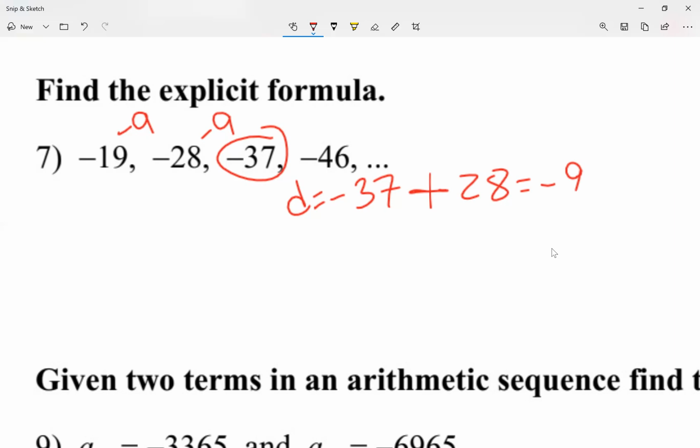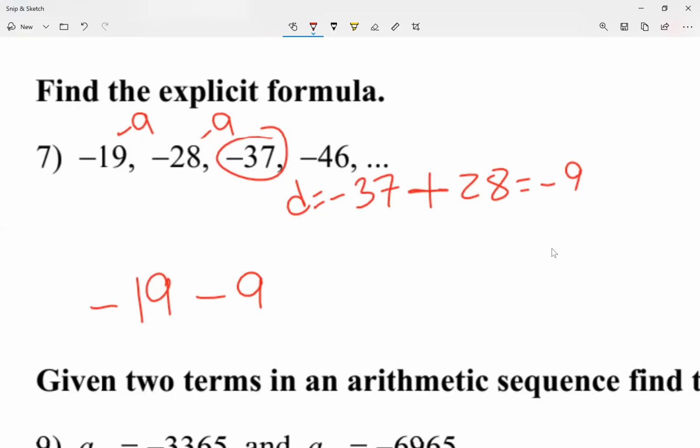So we do need the common difference for the explicit formula. Let me write the first number that I see on the list, in this case negative 19. My common difference is negative 9, so I'm going to say minus 9.